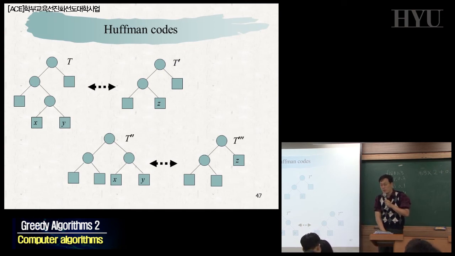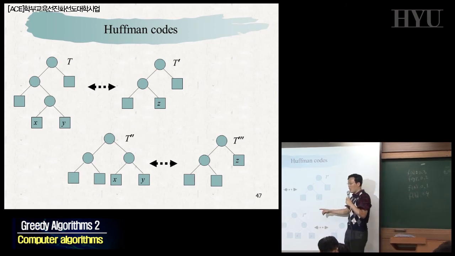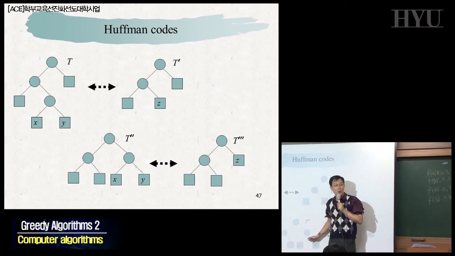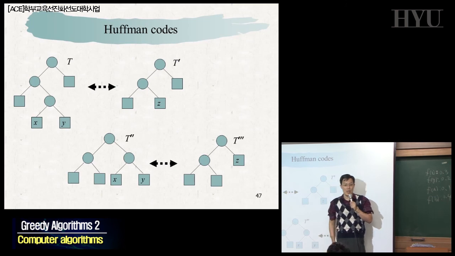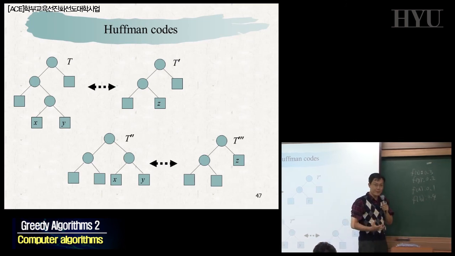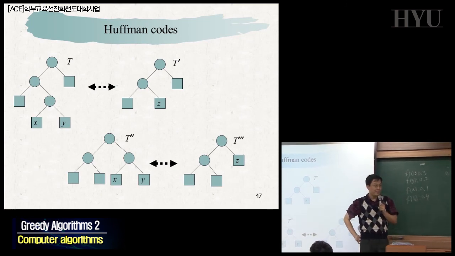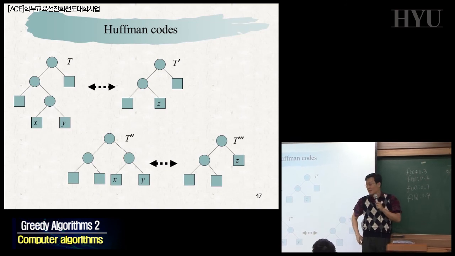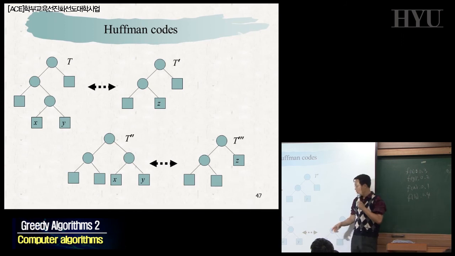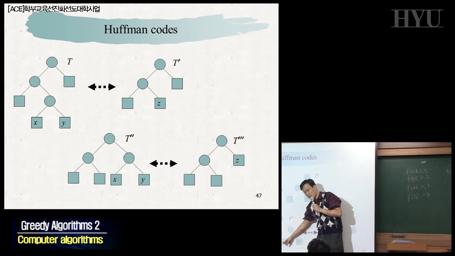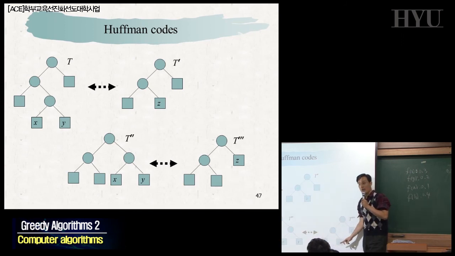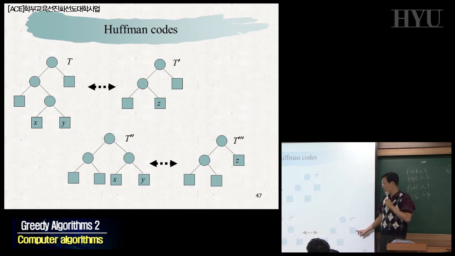So T double prime is an optimal tree with 4 leaves and x and y are siblings. Okay? Then let's do the same cut and paste technique. Let's remove this and replace it by z. Okay?